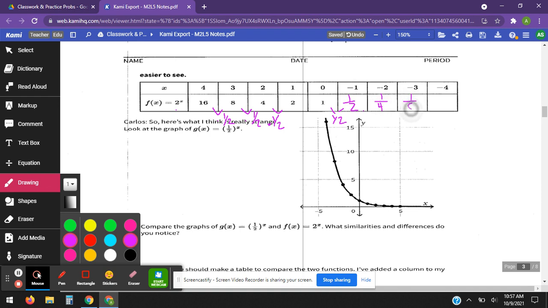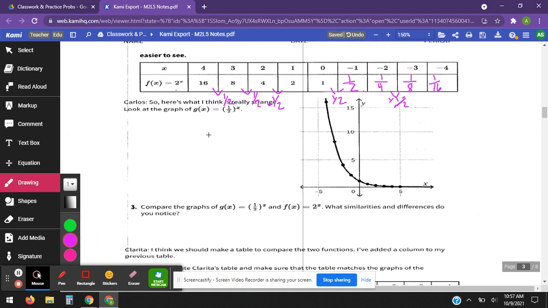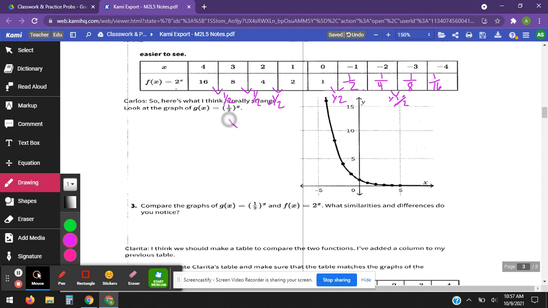Half of a fourth is an eighth, and half of an eighth is 1/16. Okay, so she's looking at that and doing, okay, well, what if I do the common ratio of 1/2? What happens there?